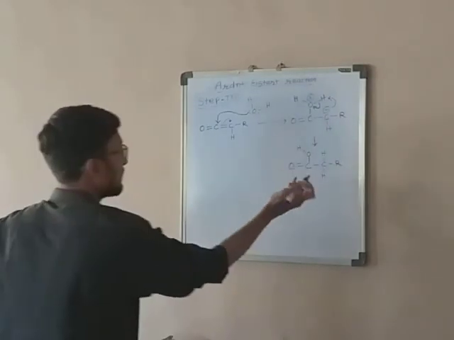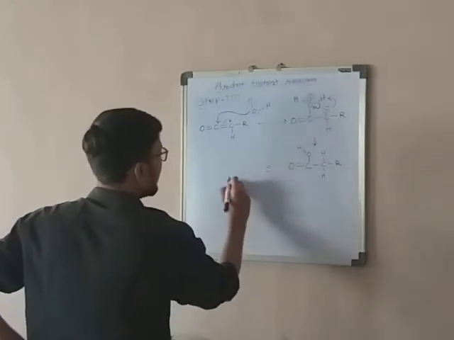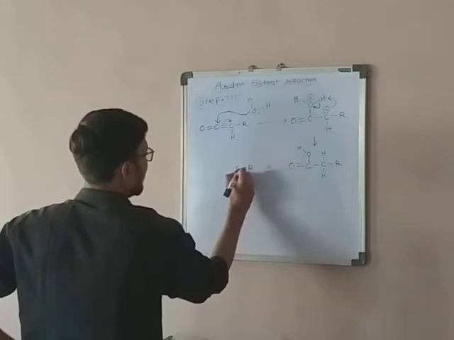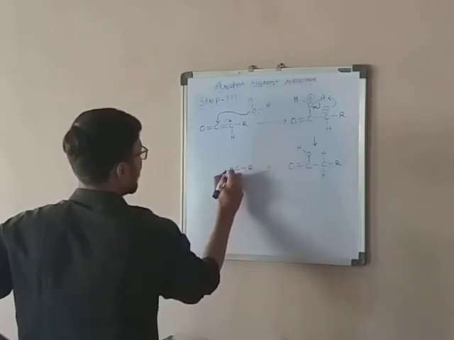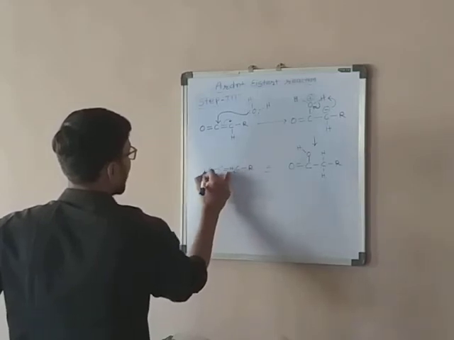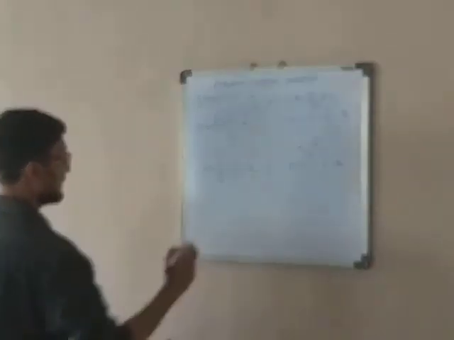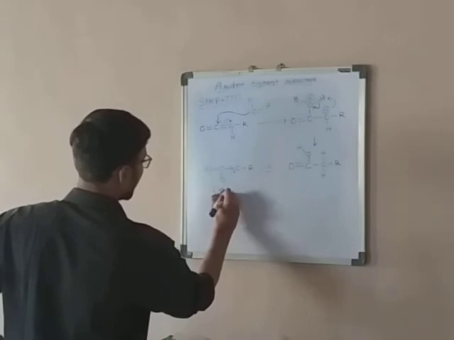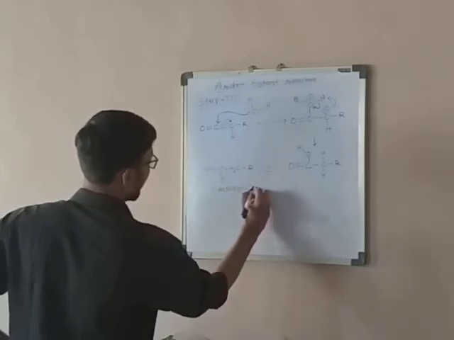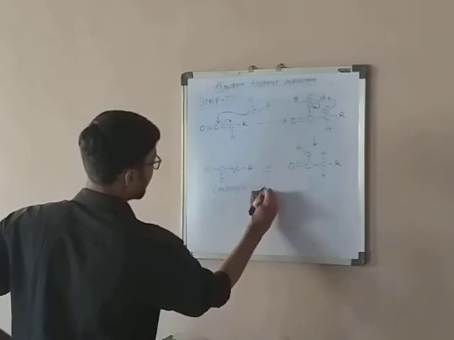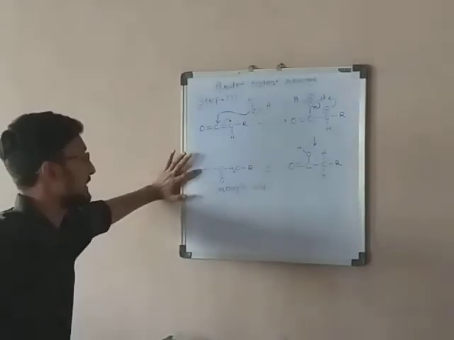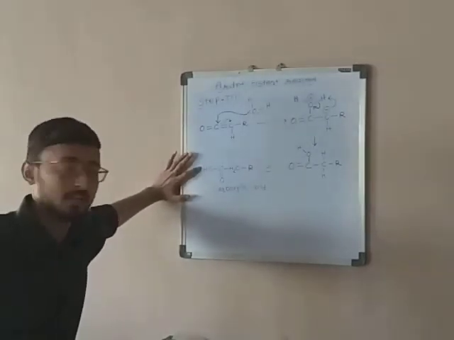So what is this compound? It is the same as RCH2C double bond O OH. This is the carboxylic acid. Isn't it? This is a carboxylic acid and this is the final product of our reaction, right?